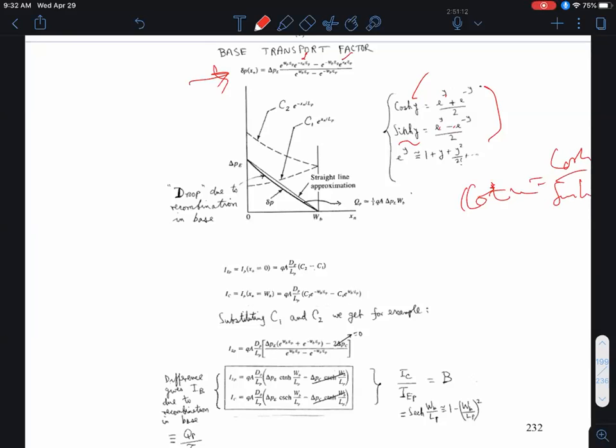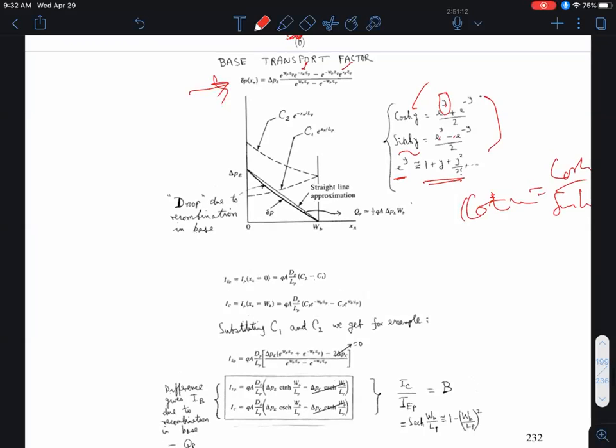The other thing that we'll do in solving these BJT problems is recognize that y is going to be a small number, and therefore you can do a Taylor expansion of these exponential terms to simplify the math as appropriate. Why is y a small number? Well, this y is WB, the base width, over the diffusion length.